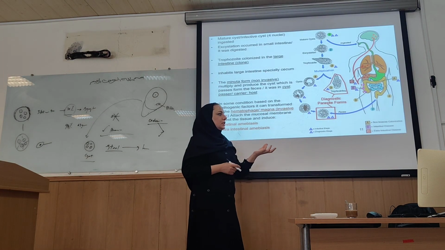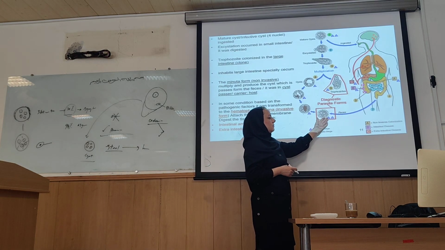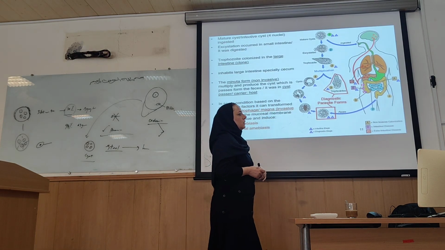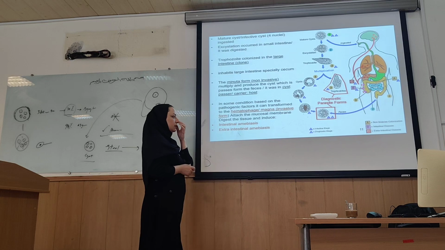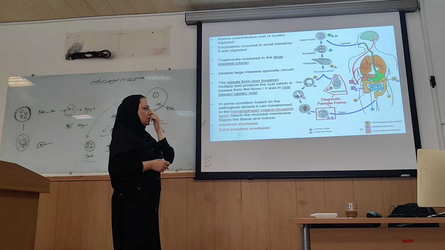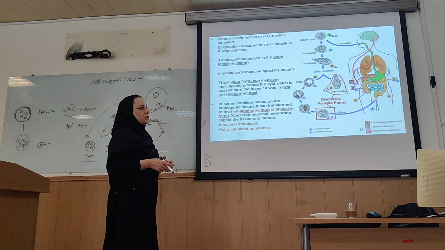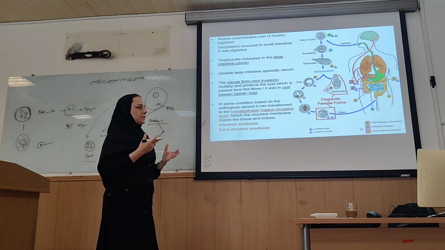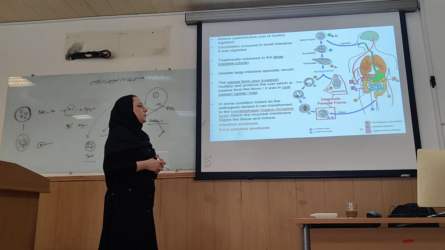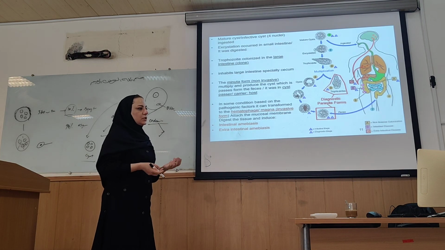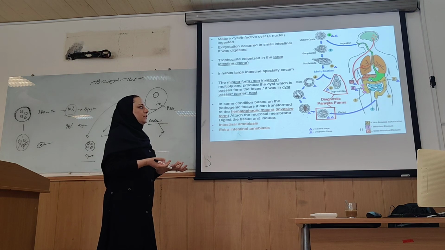They produce the cyst, and the cyst comes out from the colon and spreads in the stool. In these patients, they don't have any specific symptoms. We say they are asymptomatic.